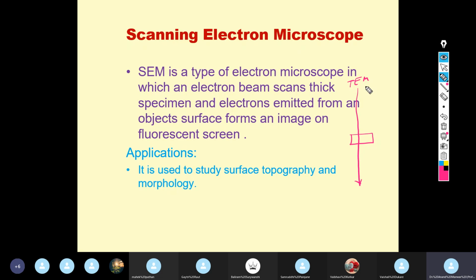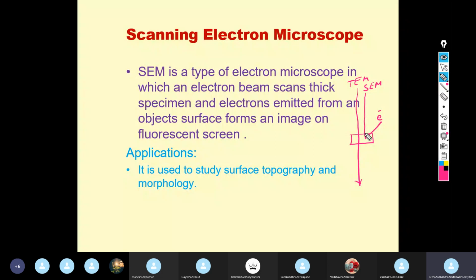But if it is a scanning electron microscope, then whatever beam of electrons is being passed will come to the specimen sample. It will not be transmitted now, right? It will not be transmitted. Rather, it will be exciting the area on the surface by the high potential electron beam, and here secondary electrons will be formed.